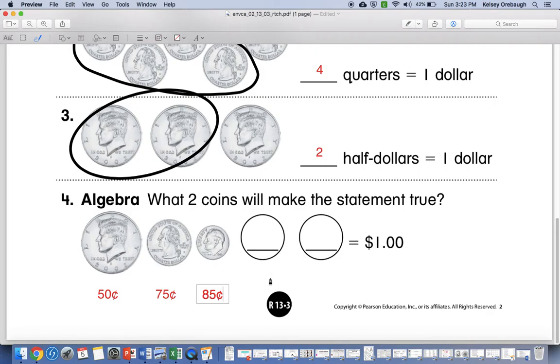So I need to come up with 2 more coins to equal 100 cents in all, or $1. Okay? Just 2. So I need to figure out how much more I need to get to 100 cents.